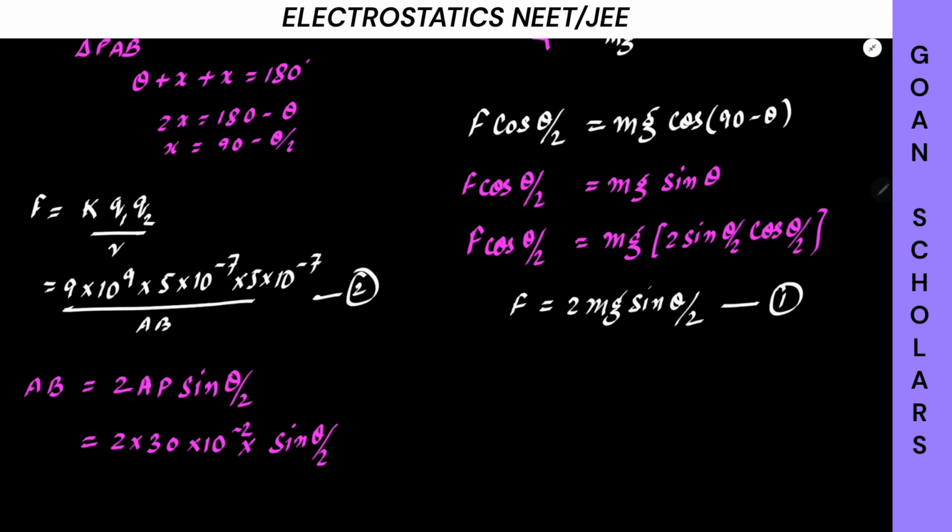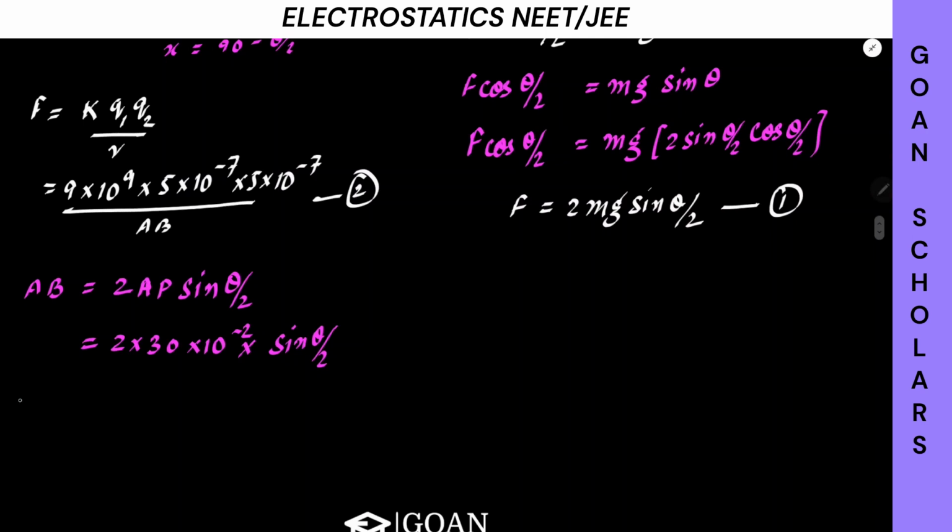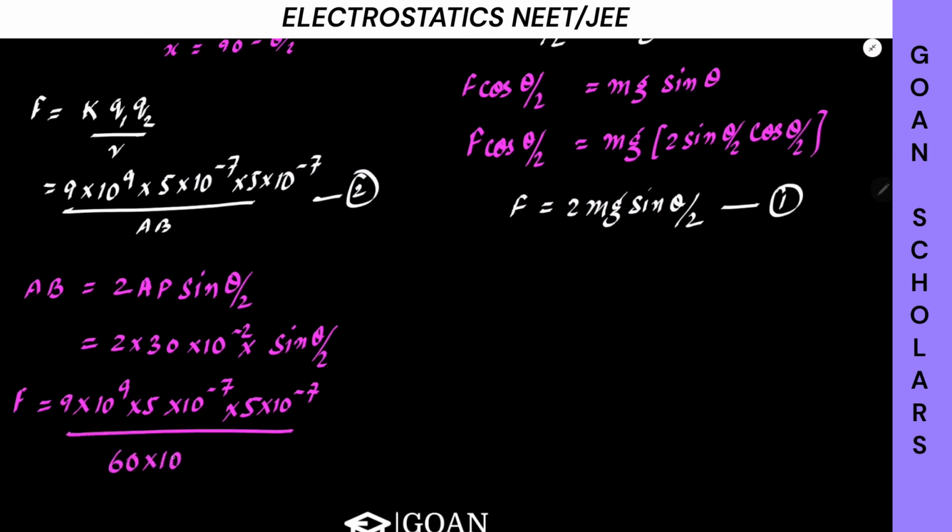This will be your value. Now let's substitute in F. So F will become 9 into 10 to the power 9 into 5 into 10 to the power minus 7 into 5 into 10 to the power minus 7, whole divided by AB, which is 60 into 10 to the power minus 2 into sine theta by 2.